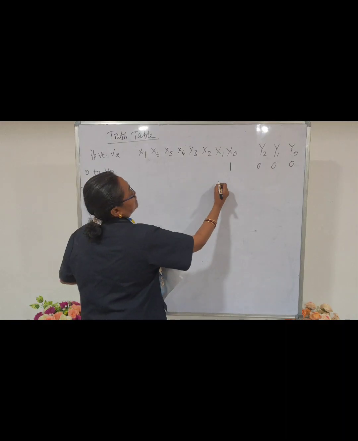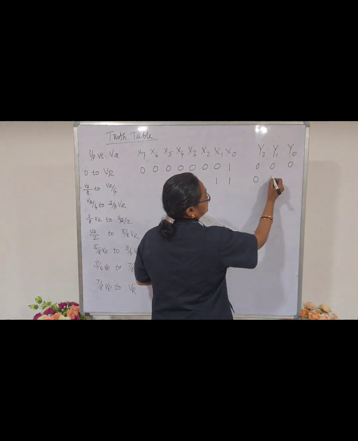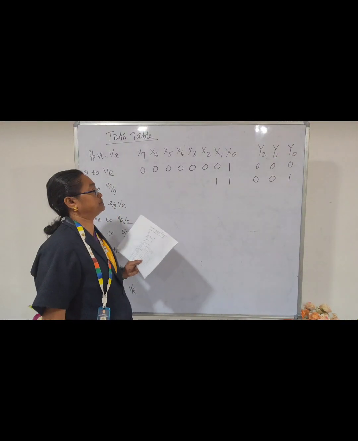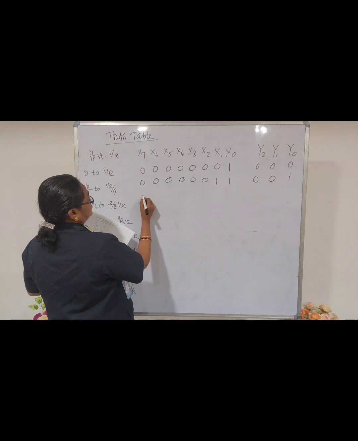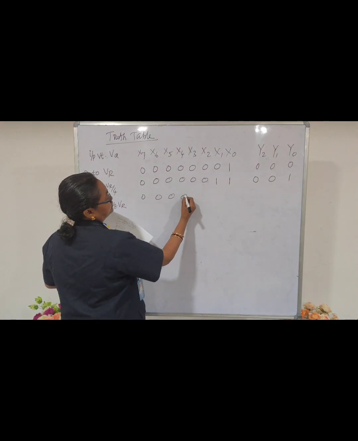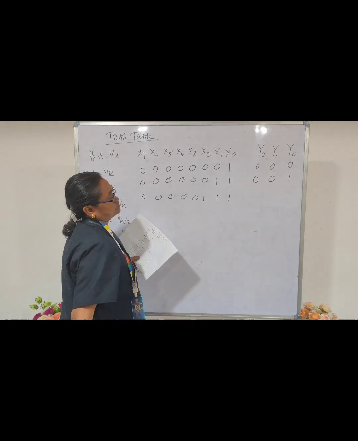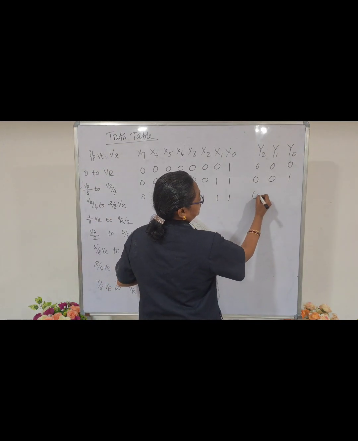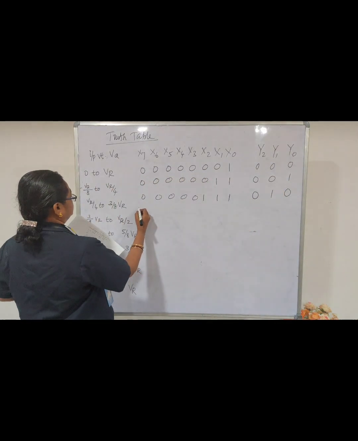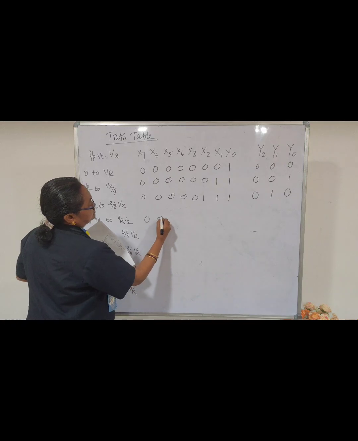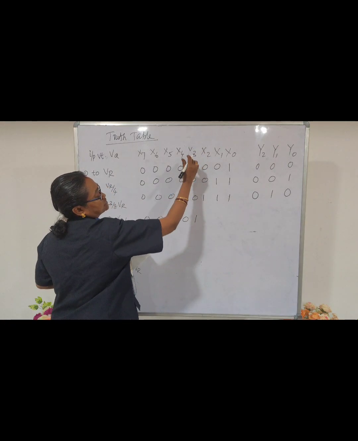Then for the next one, the input is 1 and the output is 1, the remaining terms 0. Here now the X2 bit is 1, so your output should be 2, the priority value. Then now your input is 3.